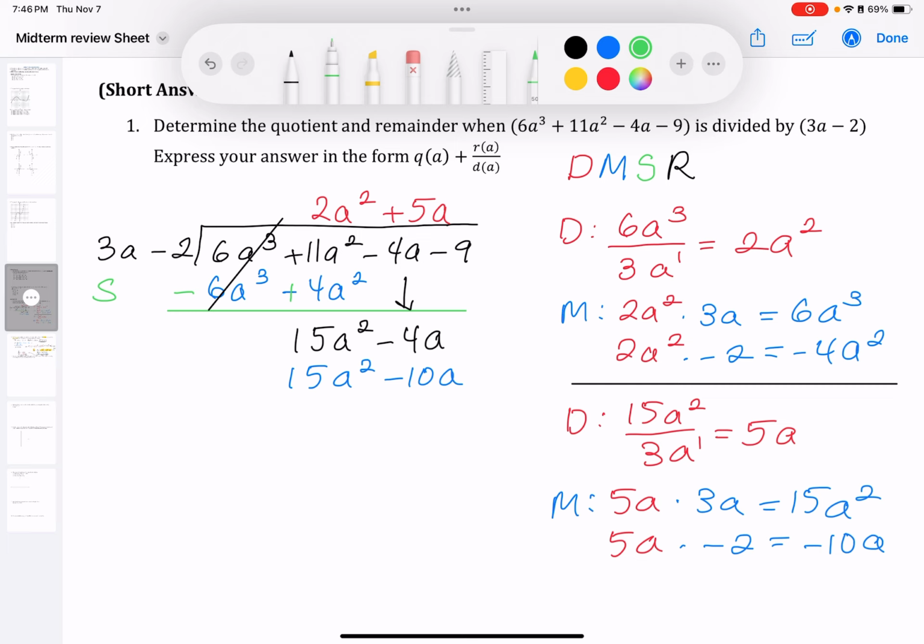Then once again, we're going to subtract. So that's our S. So subtract 15a squared. And when you subtract -10a, let me rephrase what I said. When you subtract -10a, subtract on a negative becomes positive. So that becomes plus 10a.